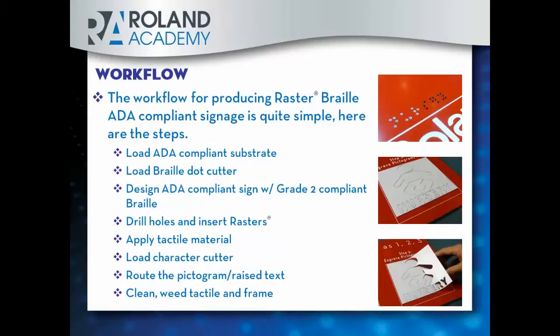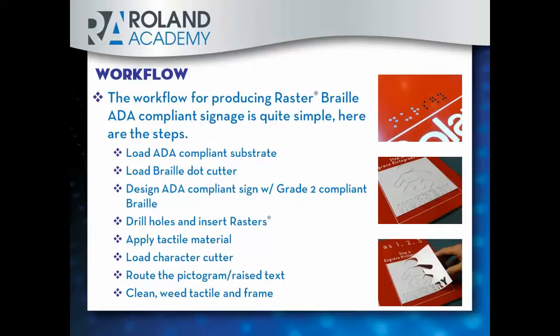So the workflow for producing raster braille ADA compliant signage with a Roland engraver is simple. You load the substrate on the table. The substrate is typically a single color. You load your cutter, your dot cutter. You design your sign with grade 2 compliant braille. So both EngraveLab Expert 8.0 and Flex Engrave 10 support this.